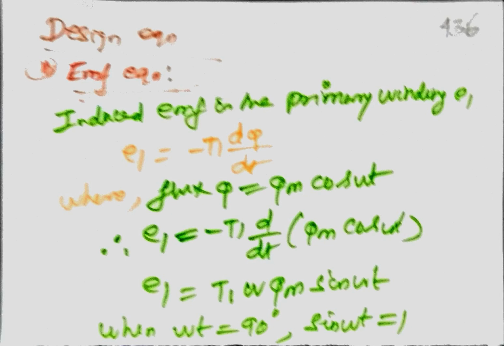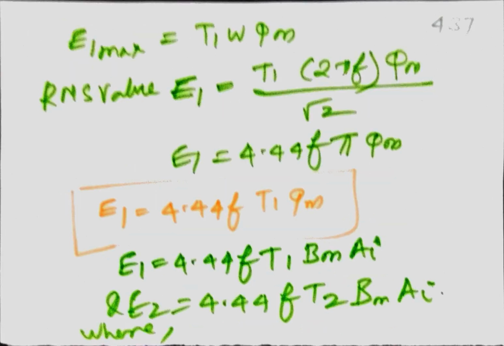That is, E1 is equal to T1 ω φm sin ωt. When ωt is 90 degrees, sin ωt is equal to 1. E1 maximum is given by the EMF equation, E1 max is equal to T1 ω φm.